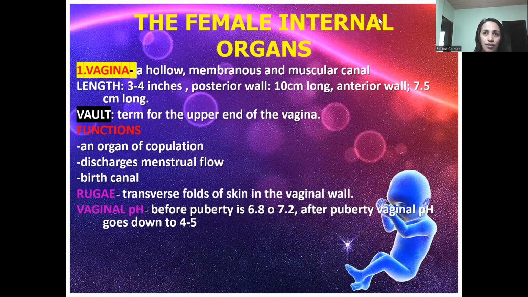So when the ovaries are active in the production of estrogen and progesterone, the estrogen in your body will stimulate the production of cervical mucus, and this cervical mucus will be converted by the Doderlein's bacilli into lactic acid, making now the pH of the vagina acidic.